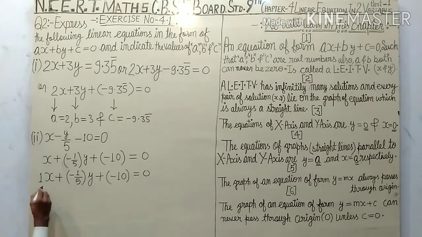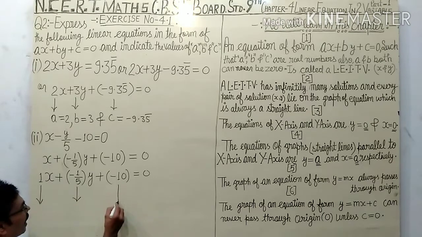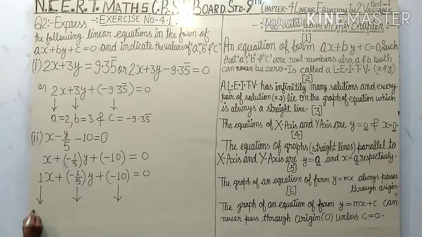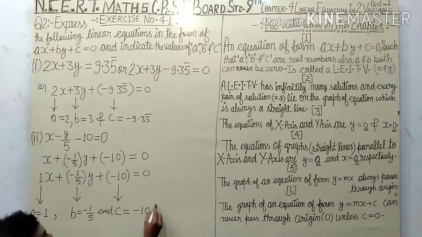Now by comparing, you may find the values of a, b and c respectively. So students, a equals 1, b equals minus 1 by 5 and c equals minus 10. Write the answer.